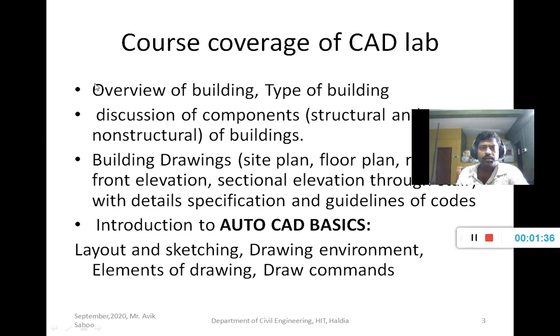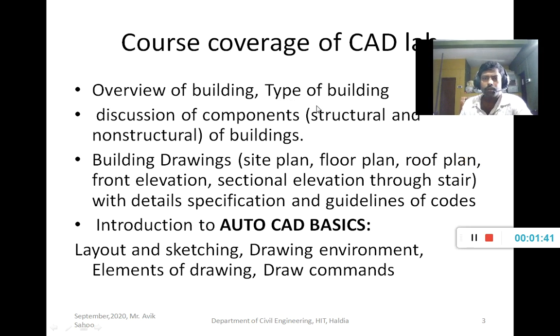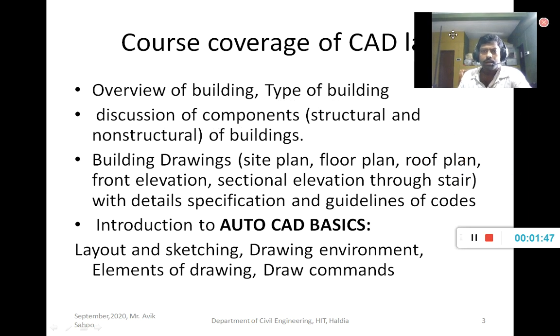First we discuss the overview of the building, then the types of buildings, then I shall discuss the different components, and the components have two categories.